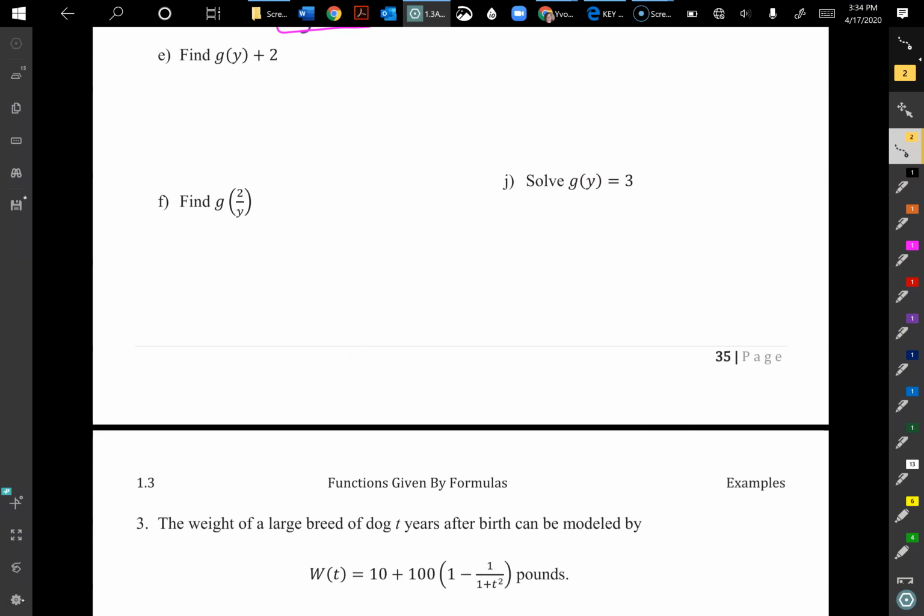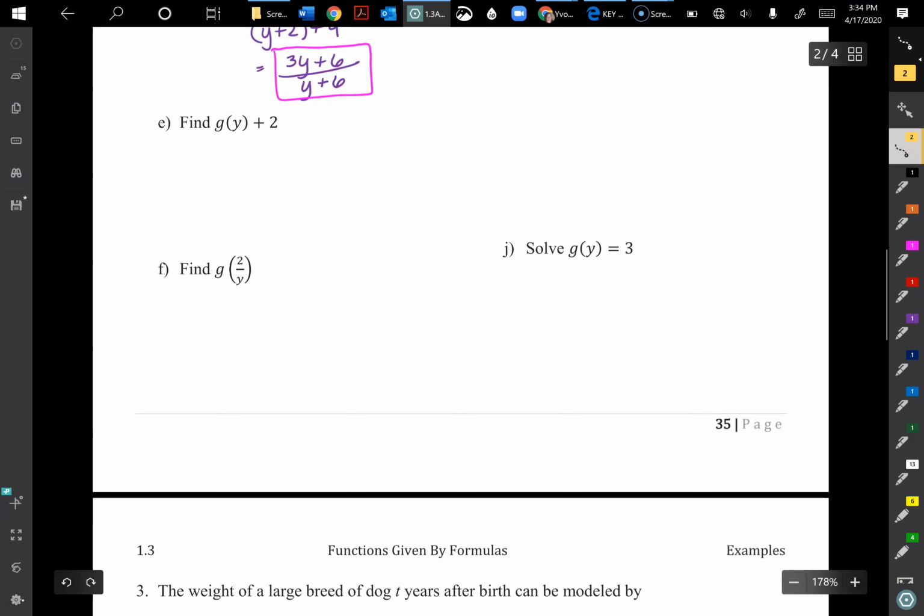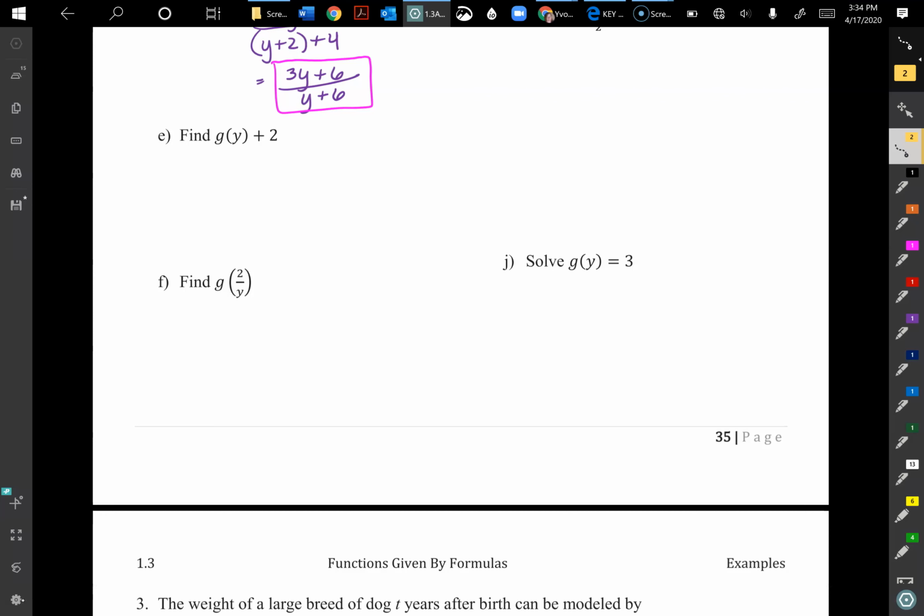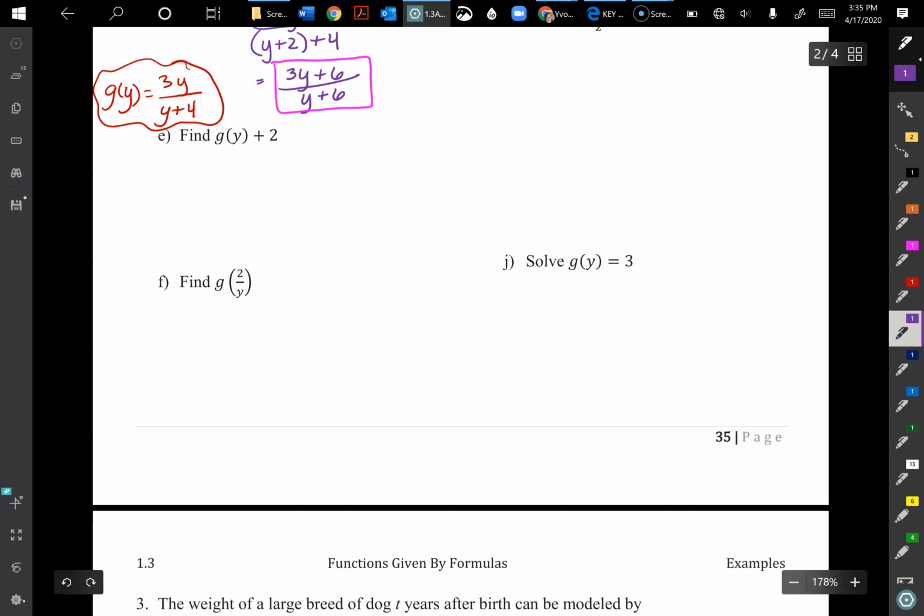So part E, now we have g of y plus 2. Again, I'm going to carry down, I'm going to write in red what our original was there. Okay, so here's our g of y equals 3y all over y plus 4. And we're going to find g of y plus 2. So it's really just as simple as it looks.